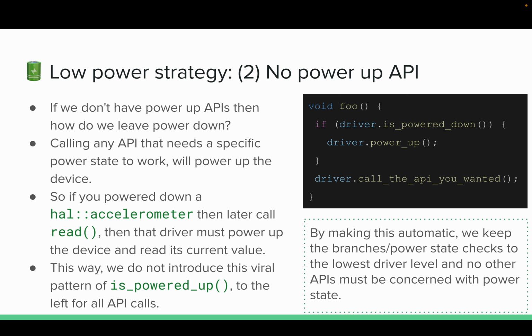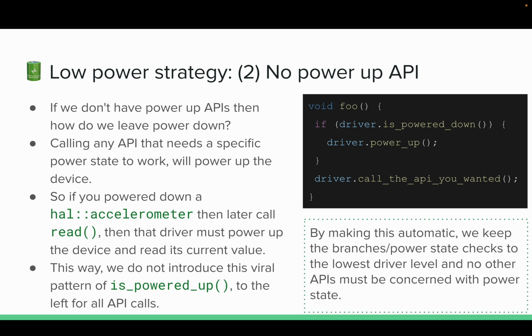All right, so this might have been really confusing. Well, how do you handle your APIs? If you're going to power down your stuff, how do you power back up? And the answer is: call any API on it that needs power. Basically, the idea is to make it automatic. If you have an IMU and you put it into low power mode, and then later on want to read it, the IMU should notice, hey, my power state was deep sleep.